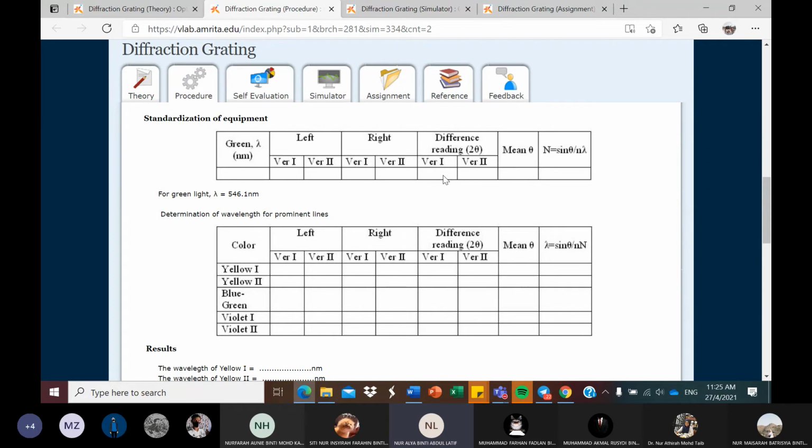So the total from the center slit will be theta and theta. So when we add those two, we will get 2 theta.